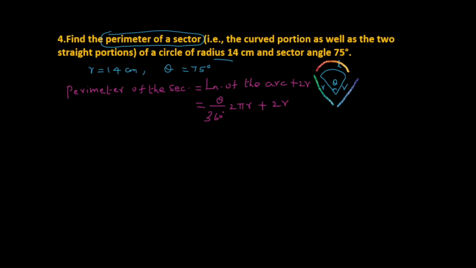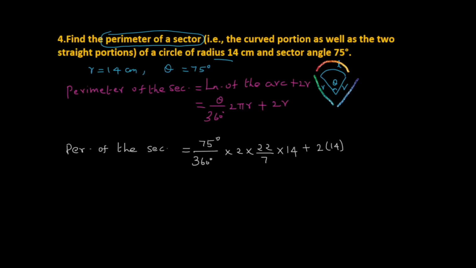So when we are calculating for our given question, the perimeter of the sector is equal to the sector angle given, 75 degrees, divided by 360 degrees into 2 into 22 by 7 into the radius of the sector, 14 centimeters, plus 2 into 14. At last we can write the units.